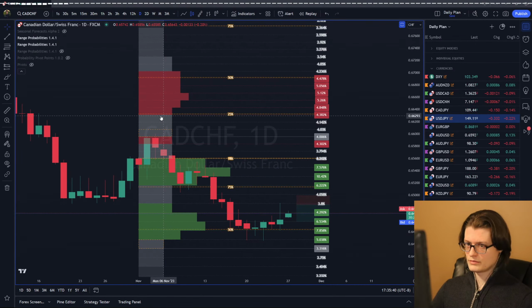So I would treat this whole area here as once you cross this R1.5 pivot, you're more or less playing a guessing game as to where the top could come in. This is probably where range probabilities could be useful. All right, let's go ahead and hide that so it's a little easier to see.